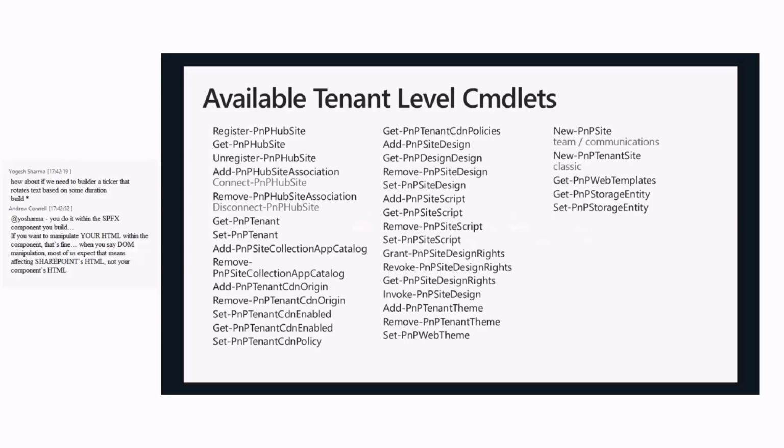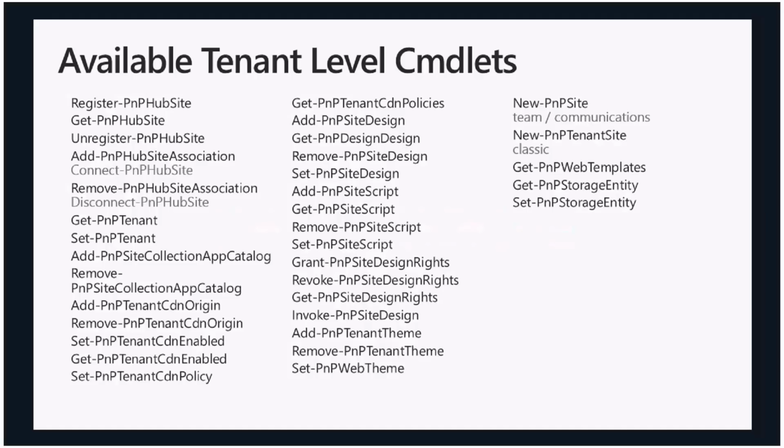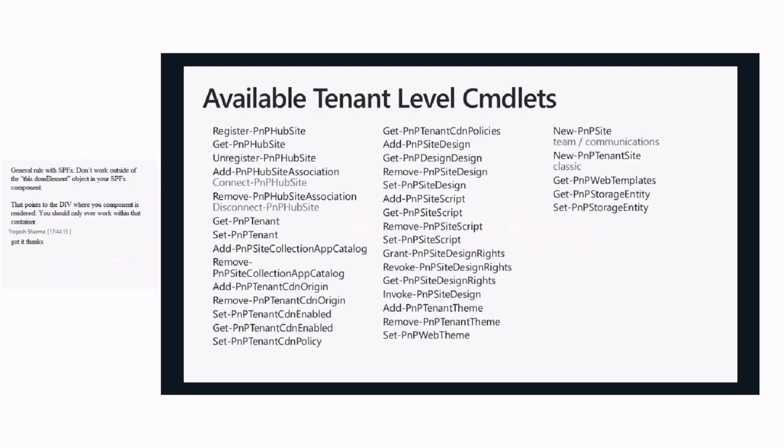So setting tenant level parameters and getting tenant level parameters, app catalog management, CDN management, site design, site scripts, themes management, applying a theme and receiving the themes, creating site collections, creating classic site collections is still there, getting the templates and storage entities. So it's already quite a list.